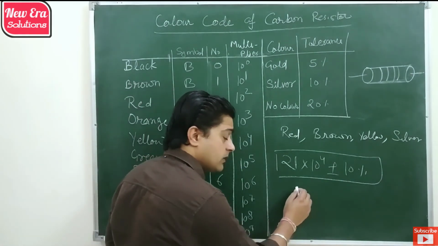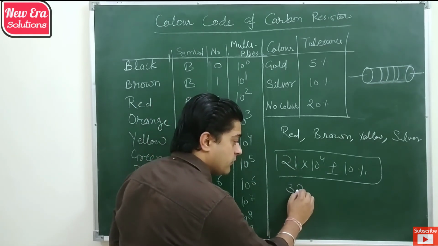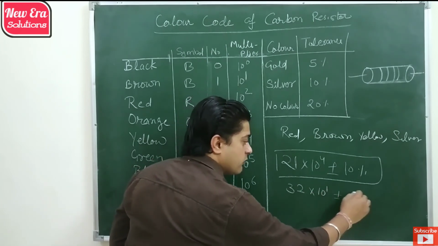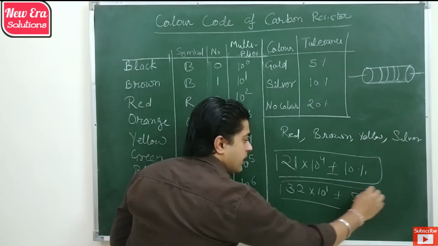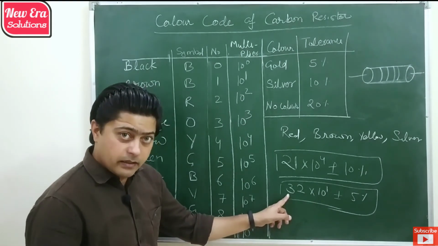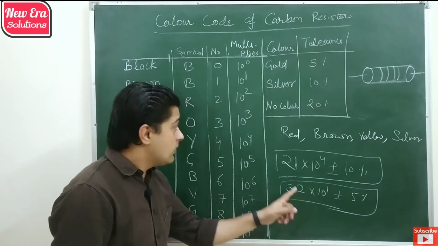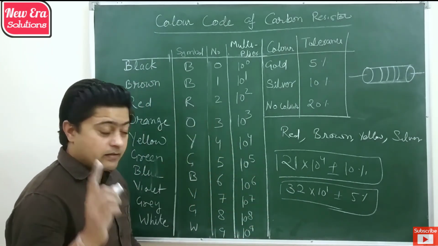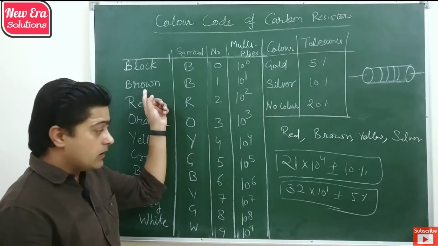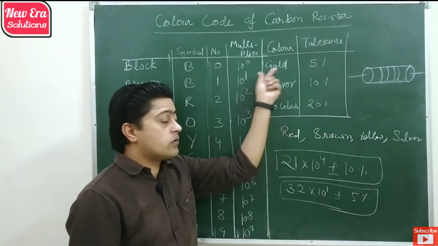Like if we have the resistance of a carbon resistor that is 32 into 10 raised to power 1 plus minus 5%, then we can predict the color of that carbon resistor, where 3 represents orange color, so the first band is orange. 2 represents the red color, so the second band is red. 10 raised to power 1, that means the multiplier 10 to the power 1 represents the brown color, so first is orange, then red, then brown, and plus minus 5%. 5% is the tolerance of gold color.